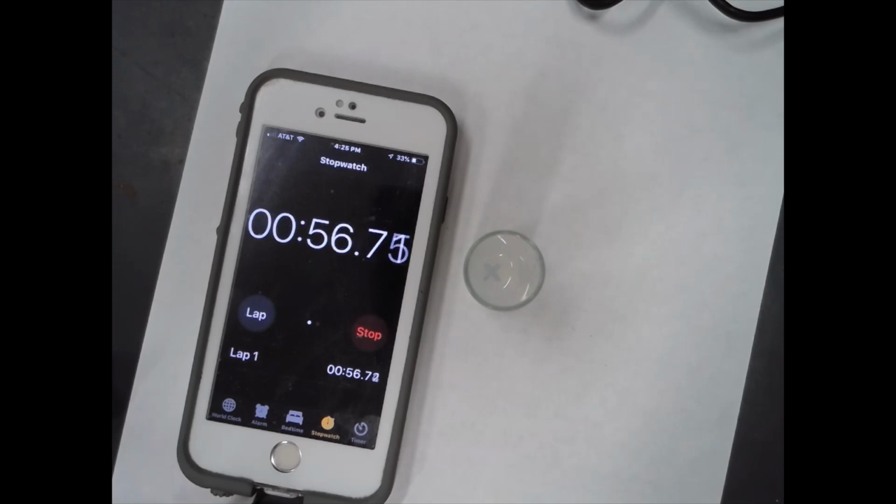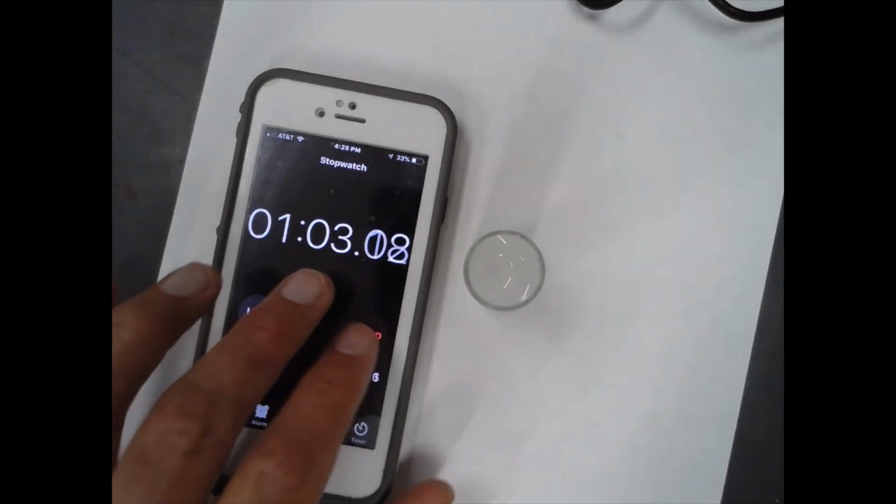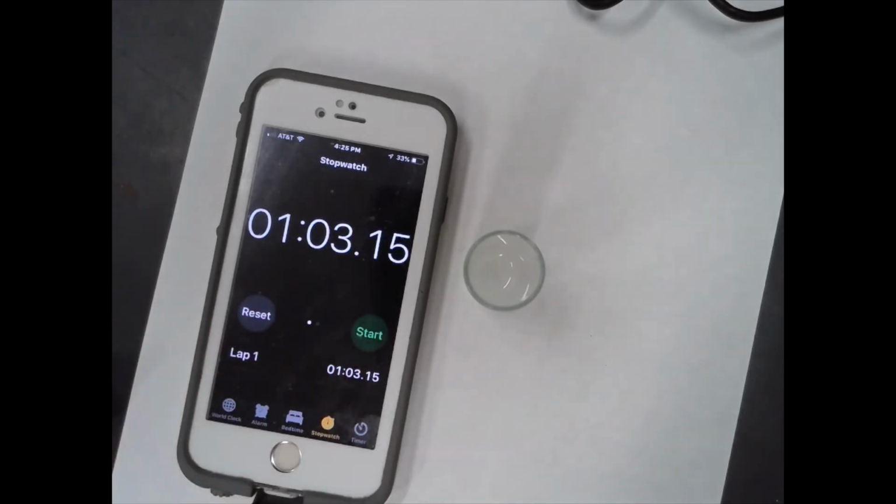And there it is. 1 minute, 3.15 seconds.